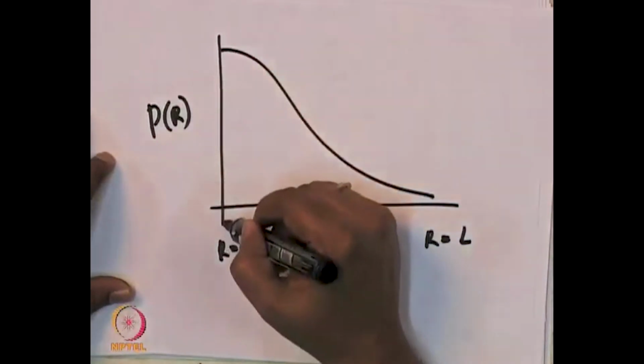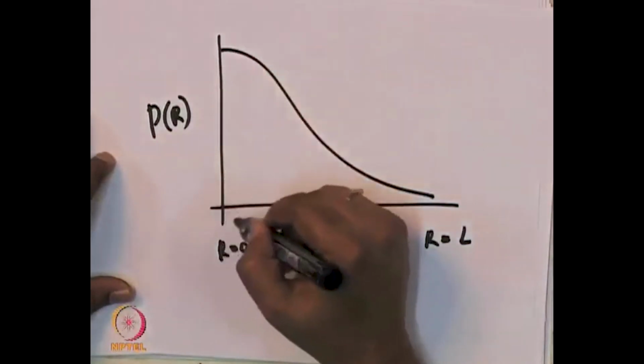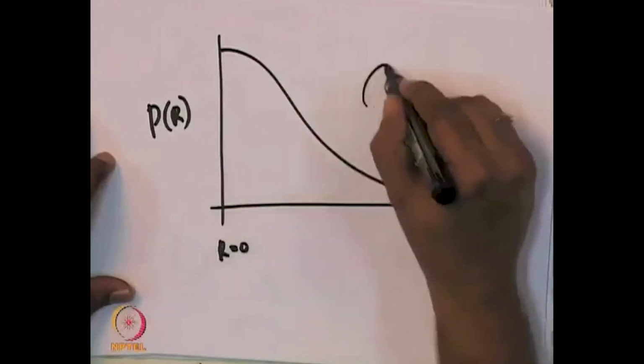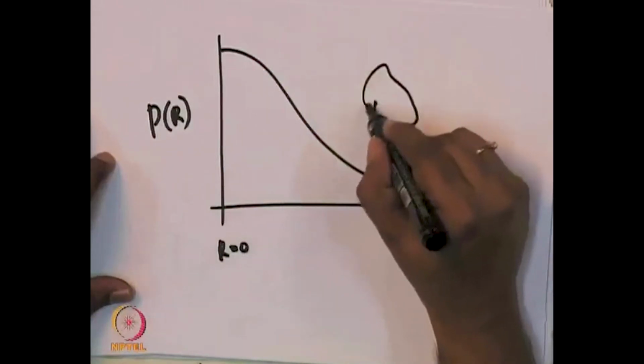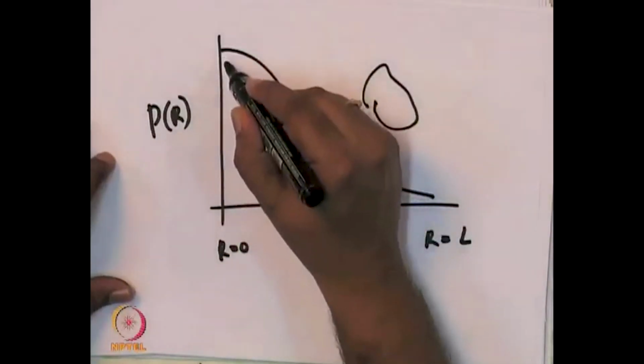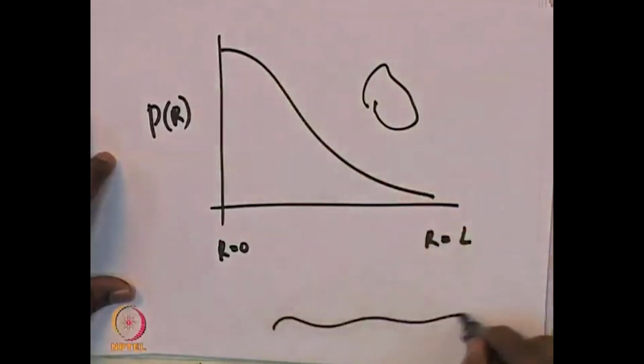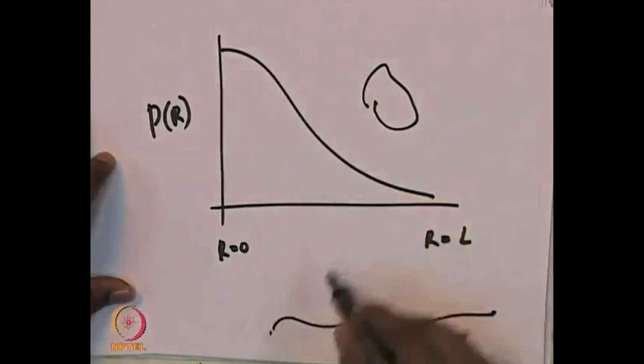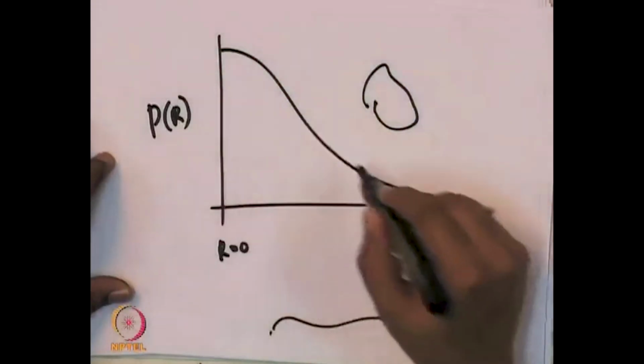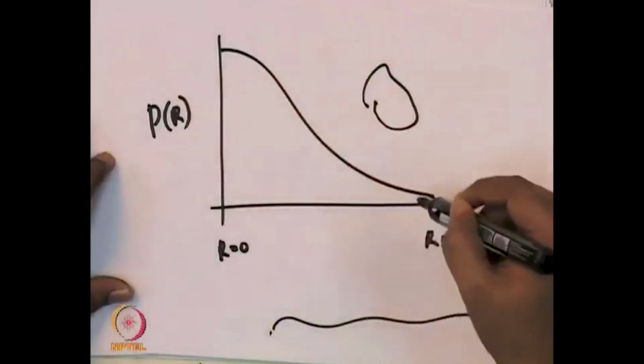The probability that you will find a DNA which has a very short end-to-end distance, that means their ends are very close to each other, could be large, and the probability that you will see their ends far apart could be small. If this is the case, this might look like a normal distribution.